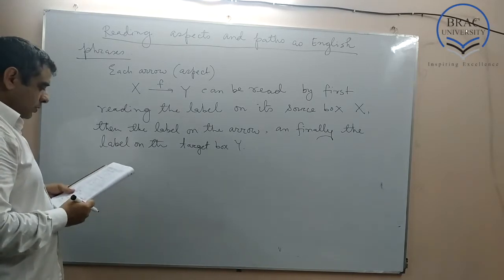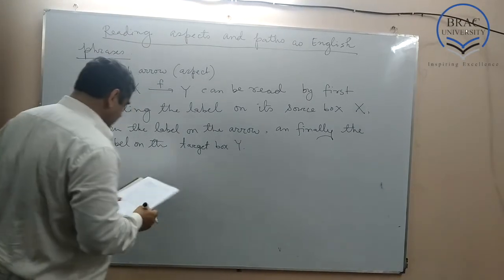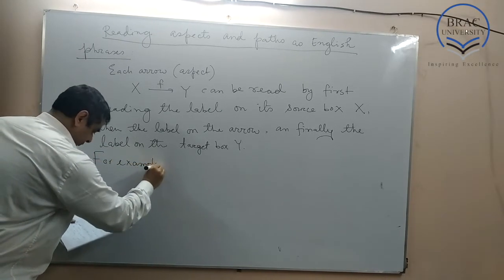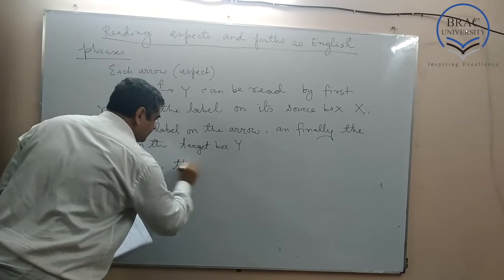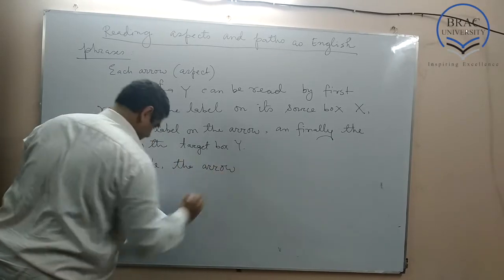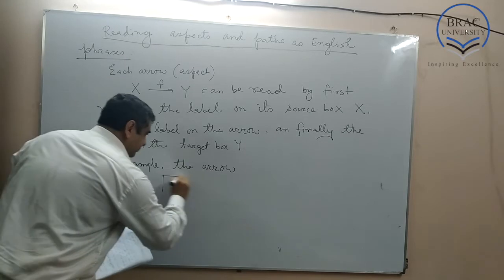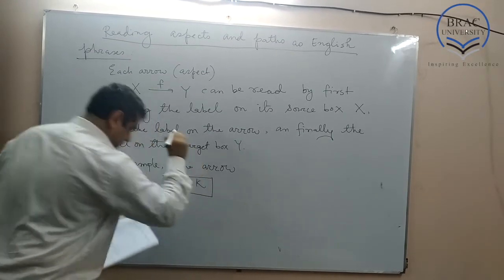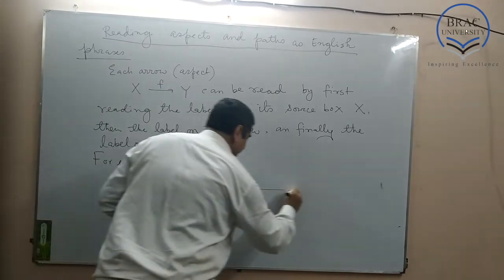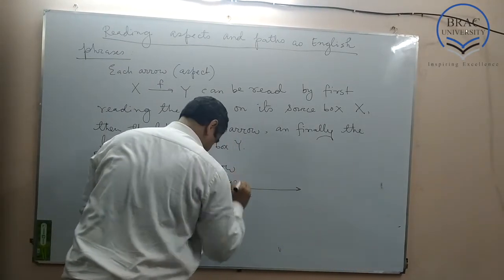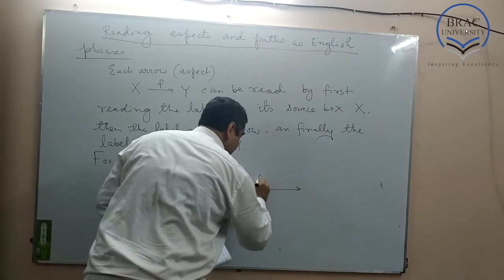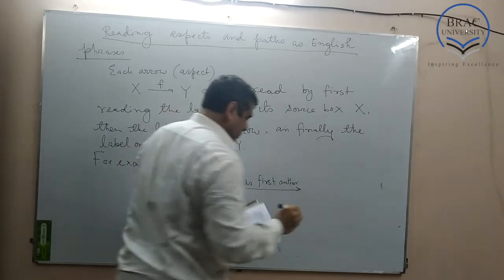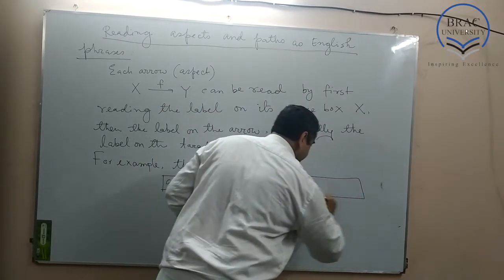So, let me give you an example. The arrow: a book has as first author a person.